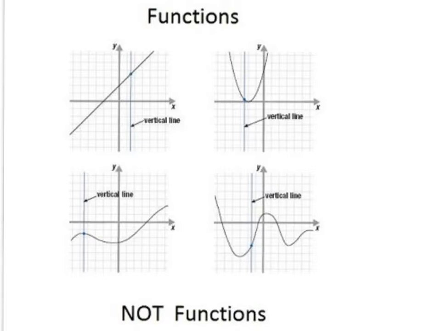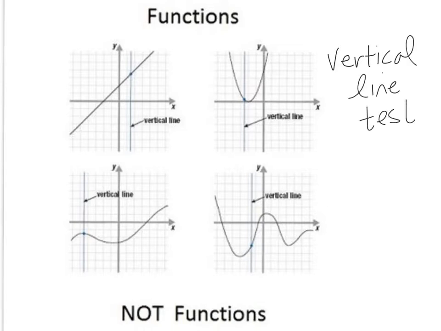On the previous page, we looked at what made a function if you're given a set of ordered pairs or a mapping. But if you just have a graph, to figure out if it's a function, what you want to use is what's called a vertical line test.